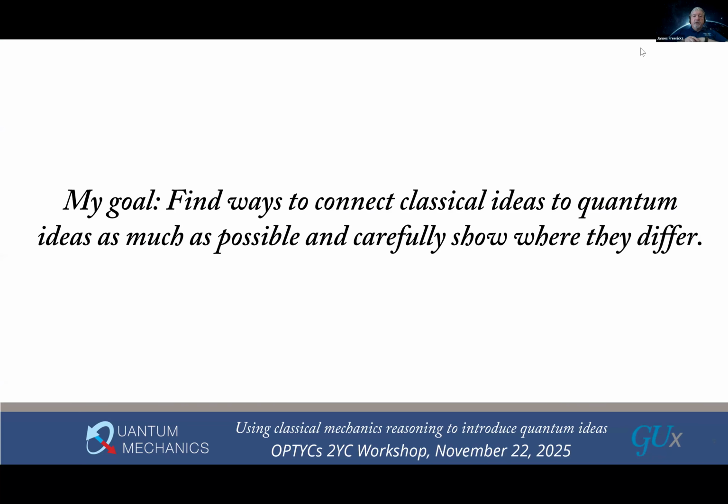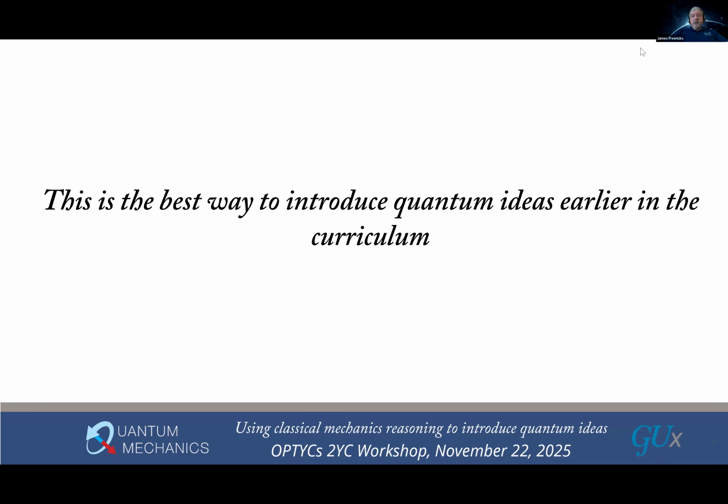Okay. As I said, my goal is to find ways to connect classical ideas to quantum ideas as much as possible and carefully show where they differ, because they are not the same. I think this is the best way to introduce quantum ideas earlier in the curriculum.